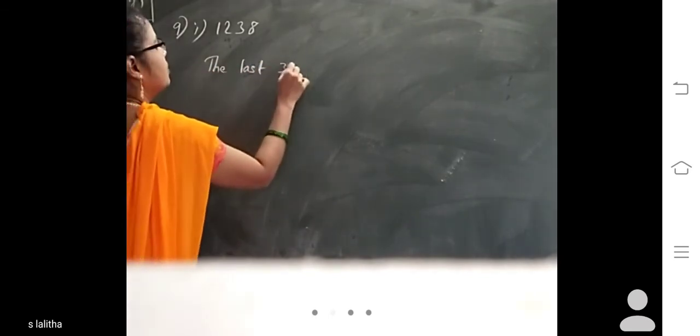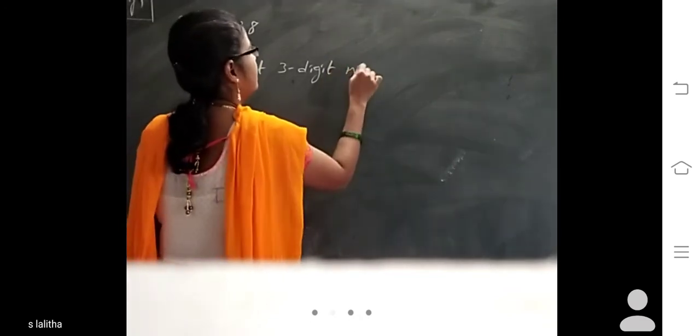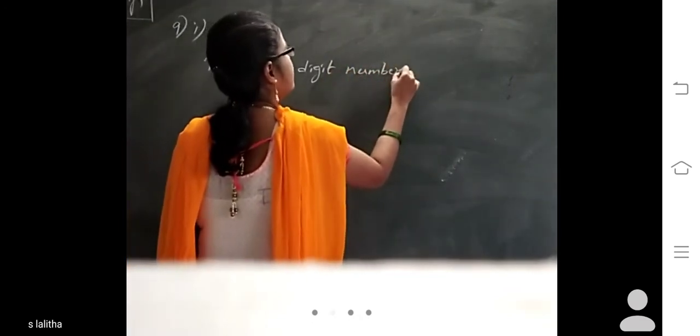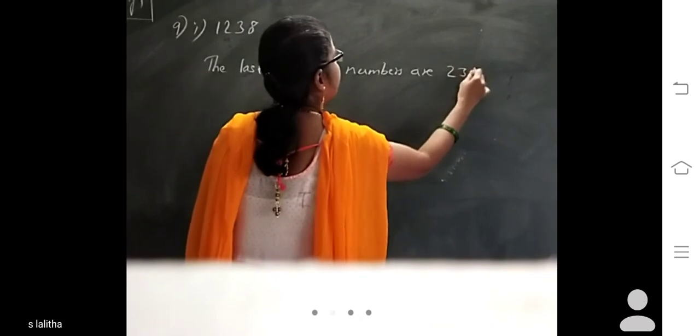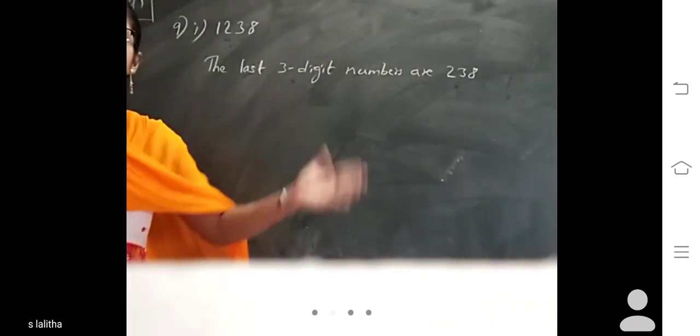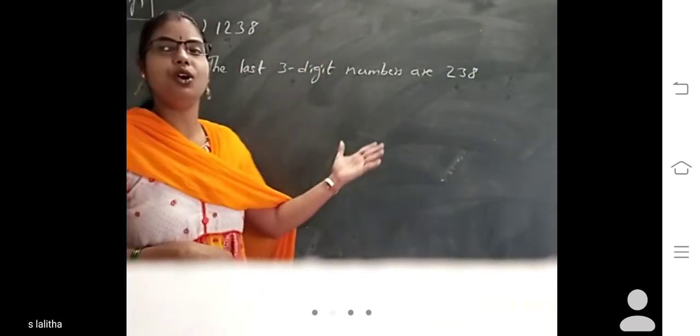So is 238 divisible by 8 or not? How to check it? You have to do the actual division.